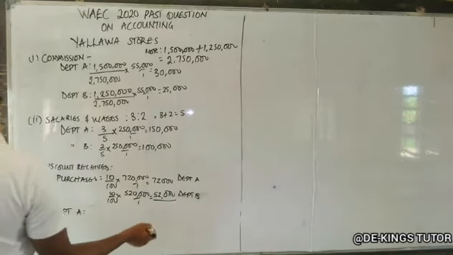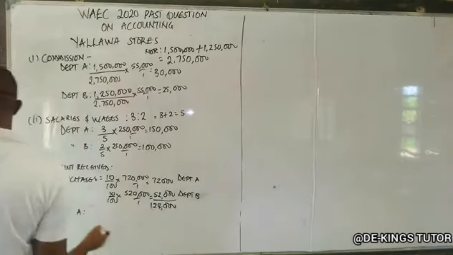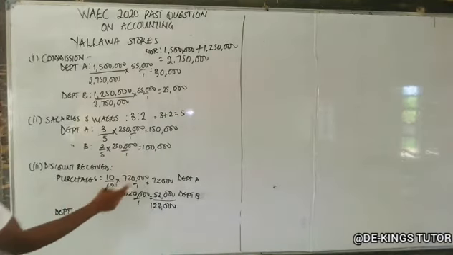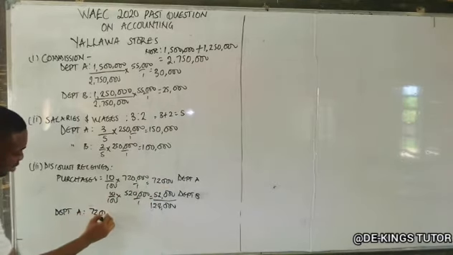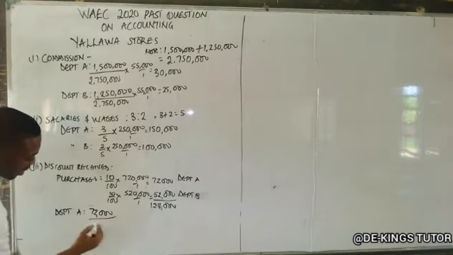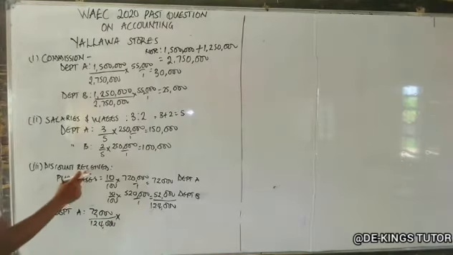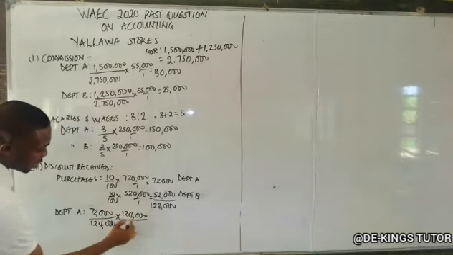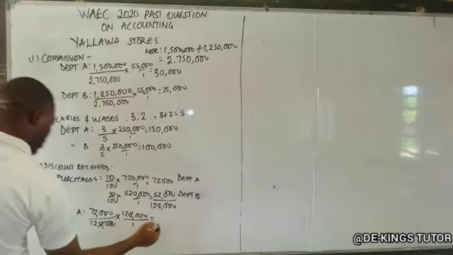So for Department A now, it will be the 72,000 divided by the total 124,000, times the discount received, 124,000 over 1. So this cancels this, and what we have is just 72,000 for Department A.